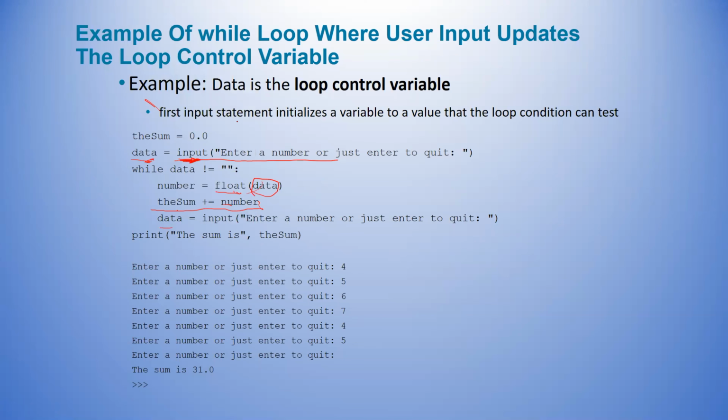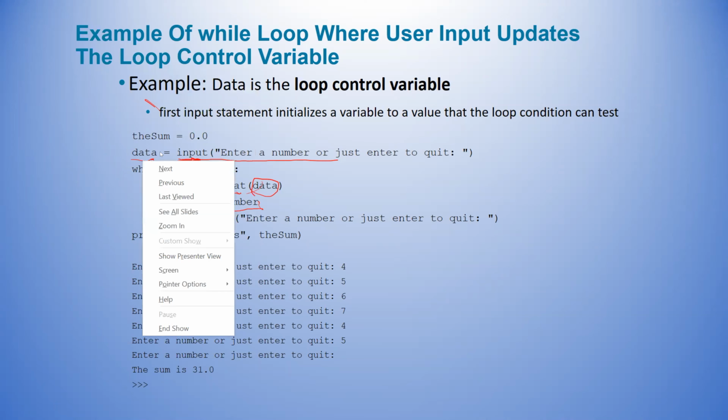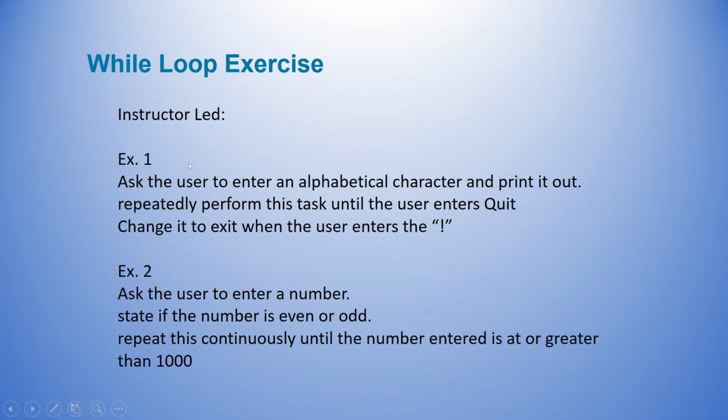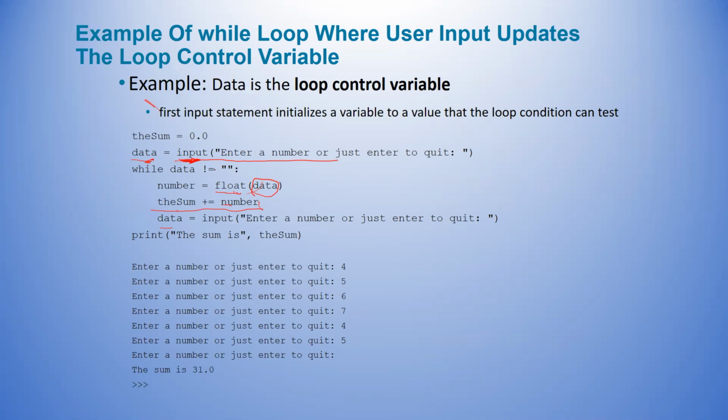So let me ask you, data is a string. So here we can check if the string is not empty, right? Remember, when you do a comparison, you must compare apples with apples and oranges with oranges. You cannot compare a string with a number.